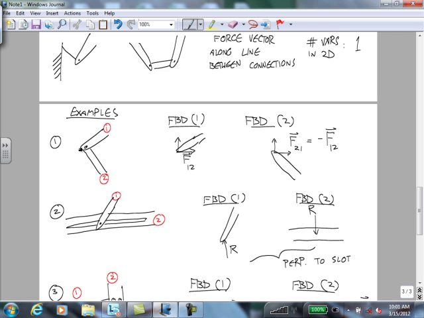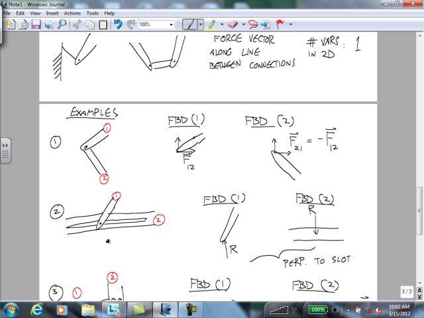This is member 1, this is member 2. I have these lettered, the joints are A, B, and C. The mass of each of the two members is 10 kilograms.